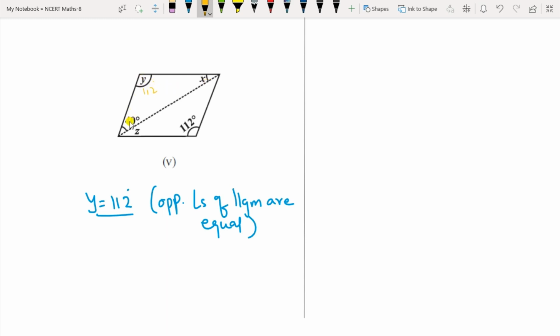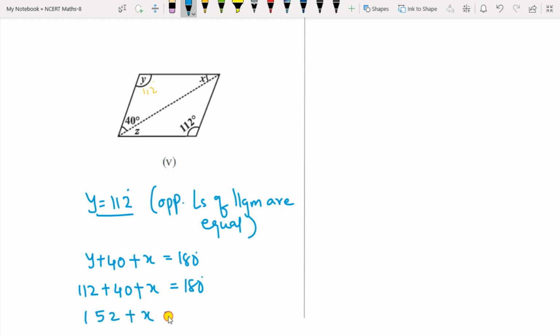You have to find the x. Now consider this triangle. y plus 40 plus x equal to 180. Here y is 112, so 112 plus 40 plus x equal to 180. So this becomes 152 plus x equal to 180.